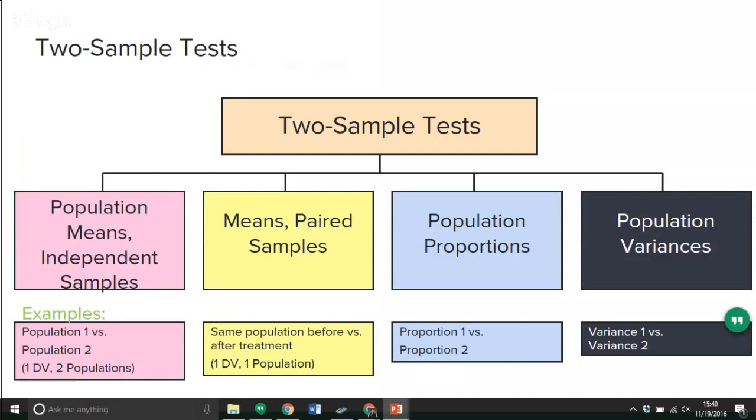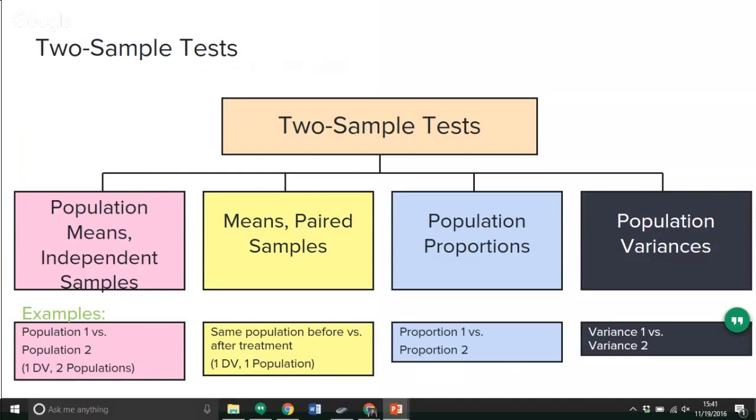In an independent sample t-test, and I'm going to reiterate this, they are independent. If you are in one group, you cannot simultaneously be in the other group. If you see format A, you do not see format B, and so forth. So we have one dependent variable, conversion rate, and two populations, format group 1 and format group 2.